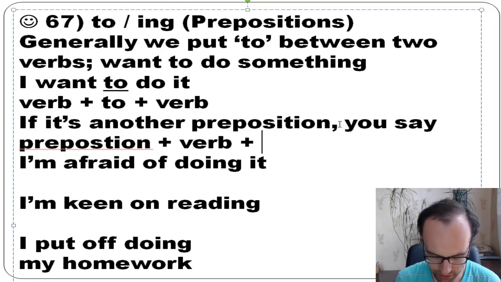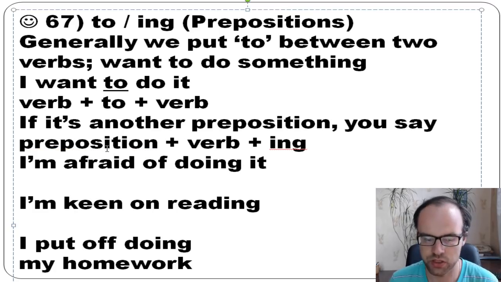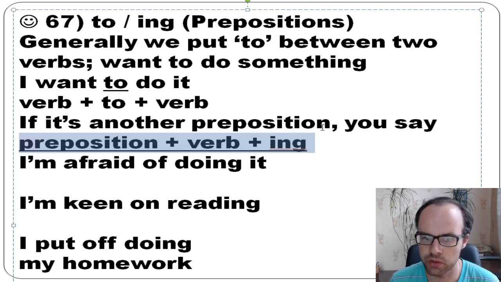I'll correct it in a second, don't worry. So you see, you need to say preposition plus verb plus ing. So if it's another preposition, so of, on, off, you need to use ing after the verb, okay?